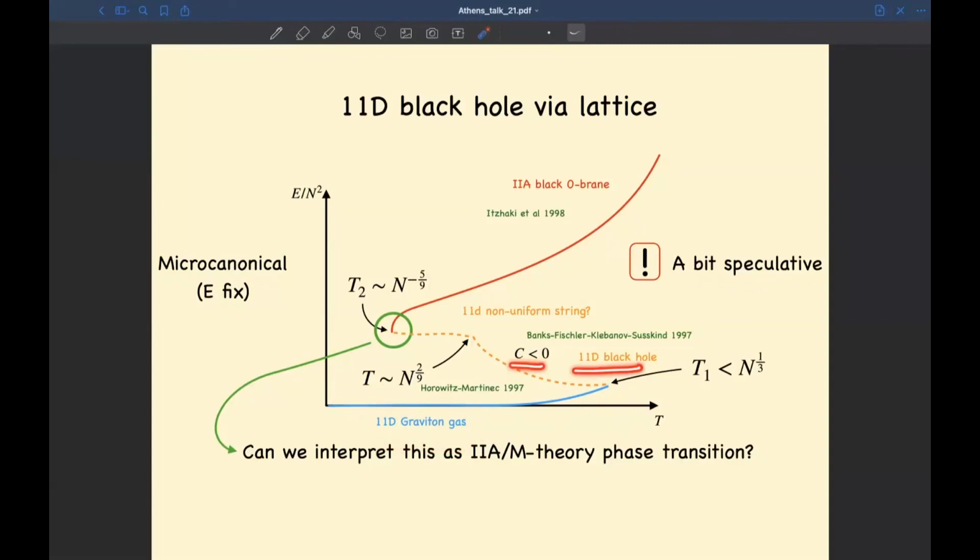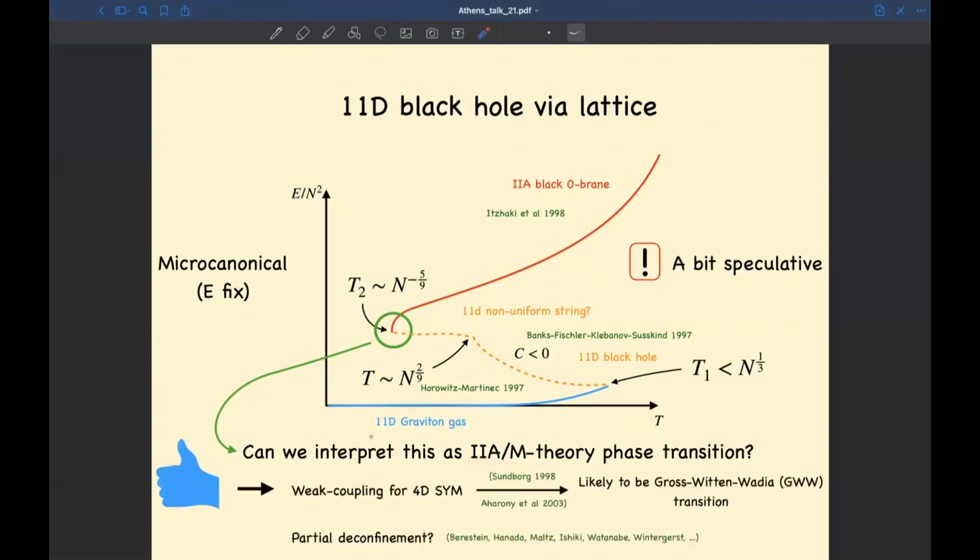There could also be another transition here by intuition, from the work of Horowitz and Martinec in '97, an intrinsic transition from an 11-dimensional black hole to an 11-dimensional non-uniform stream. And here, at this point, there should be a transition from M theory to type 2A.